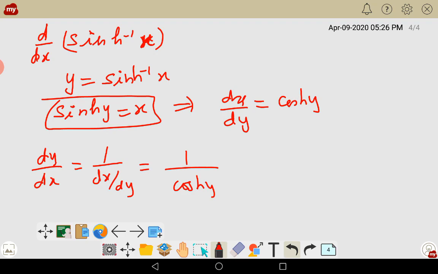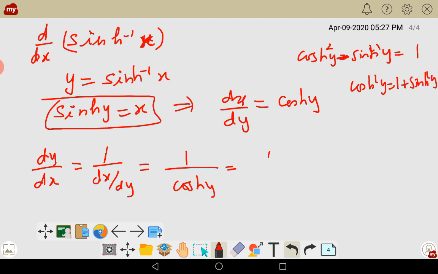And now you should remember some identities of hyperbolic functions. The relation between the cosine hyperbolic and sine hyperbolic function: cosine hyperbolic square y minus sine hyperbolic square y is equal to 1. So cosine hyperbolic square y is 1 plus sine hyperbolic square y.